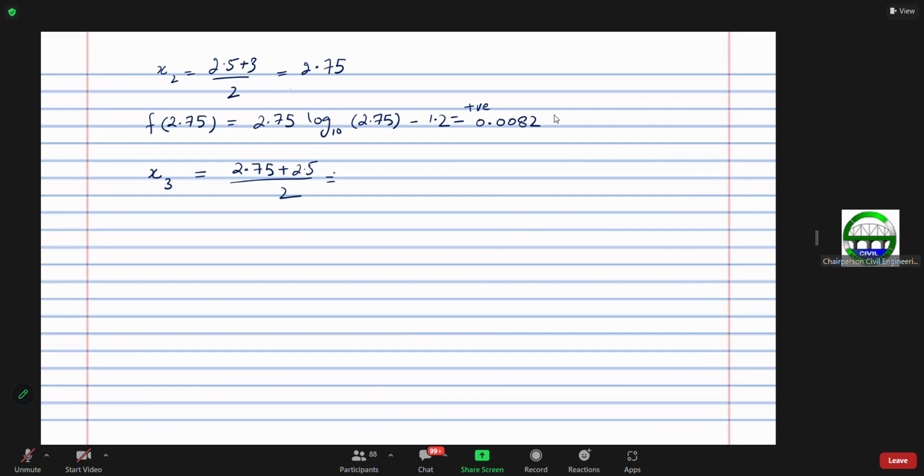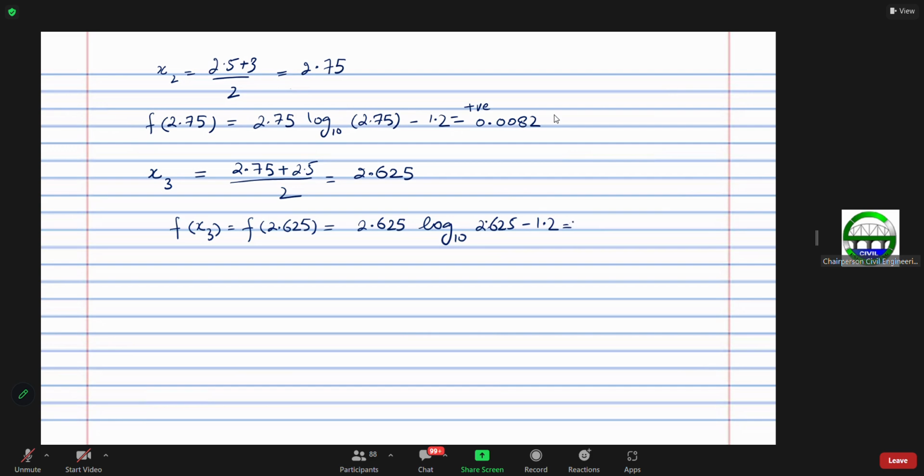It is equal to 2.625, right? So f of x3, or f of 2.625, is equal to 2.625 log 10 of 2.625 minus 1.2.